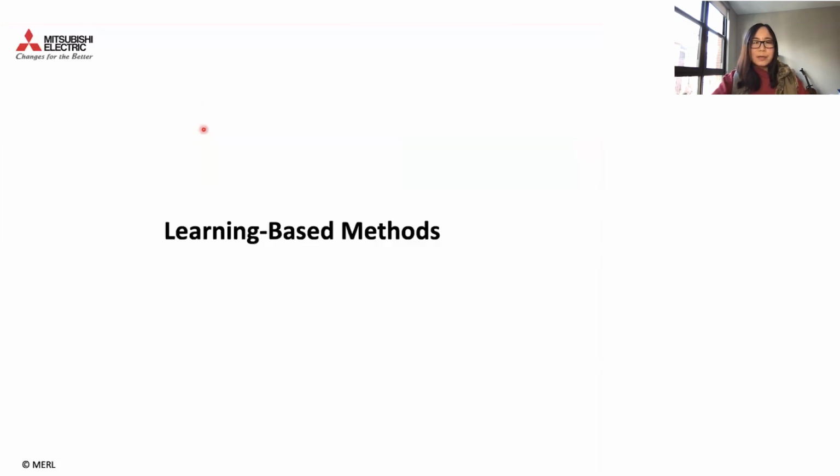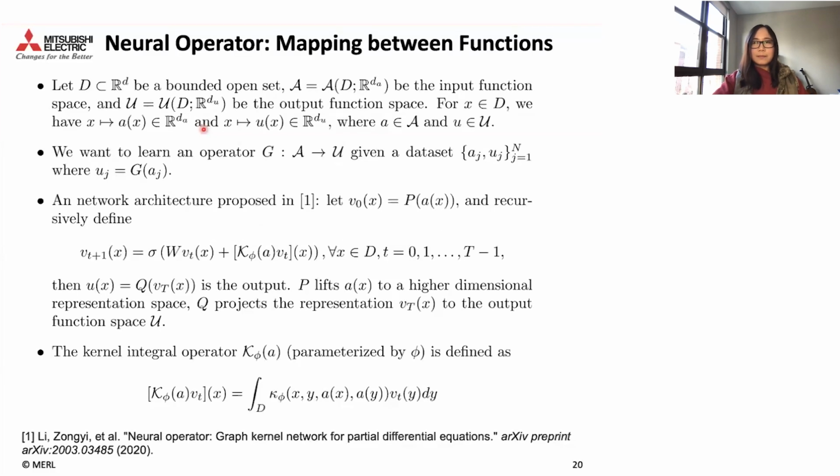So here we come to our learning-based methods. The neural operator is a mapping between functions, so we need to be clear about what function space we are mapping between. Suppose we have a bounded open set in R^d. In our case, it's actually R^2 because we're considering a two-dimensional problem.